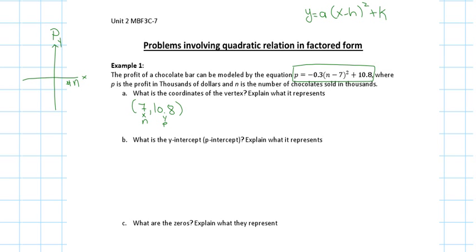So 7,000 chocolate bars need to be sold to reach a maximum profit of what?